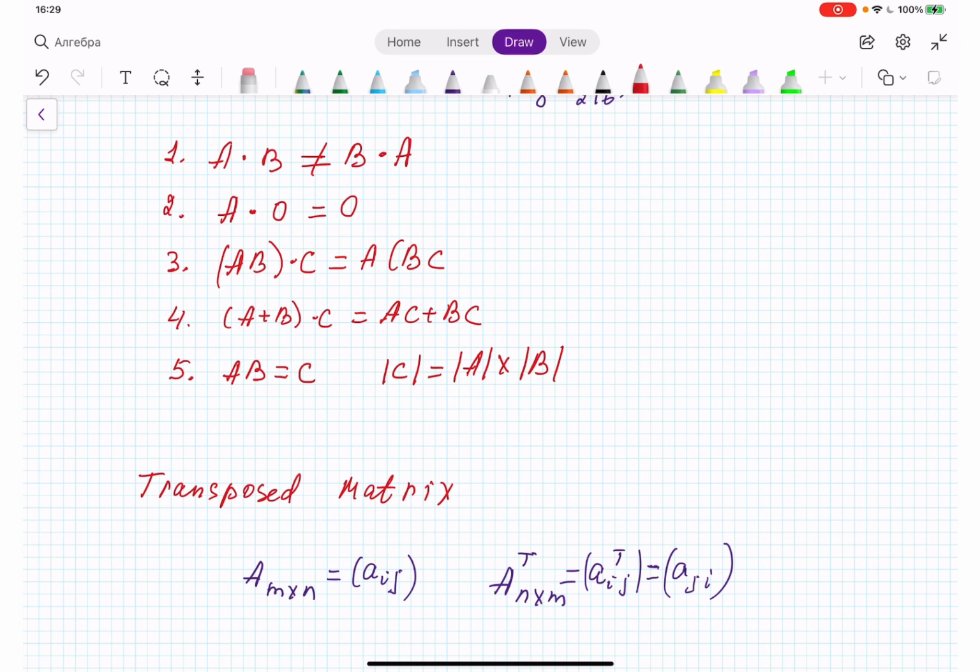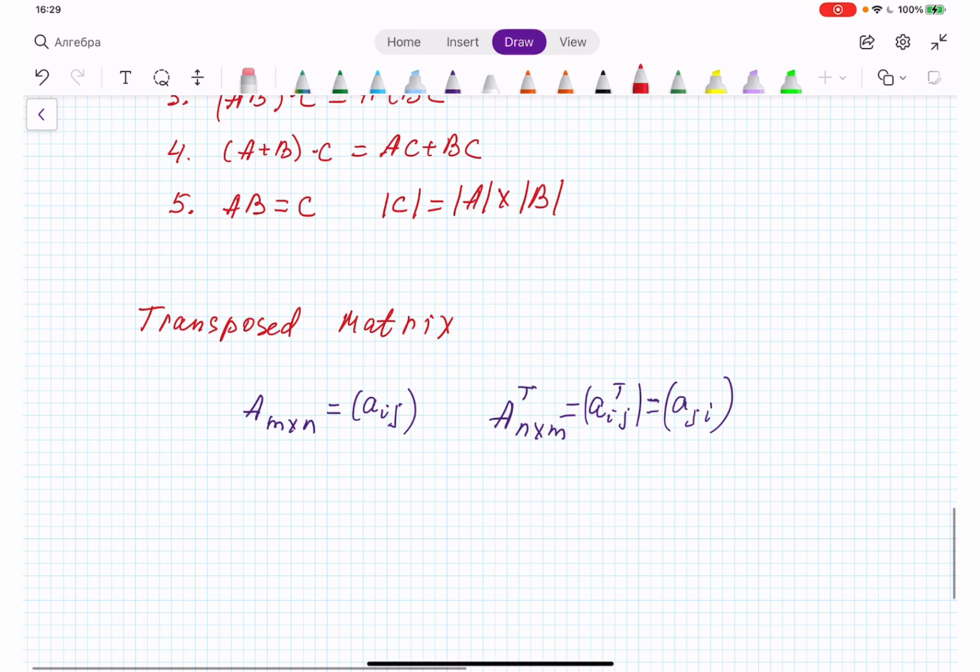And I'll write down one example one more time, since we had them previously already. So if we have A equal, let's say, -3, 0, 5, 0, and 6.